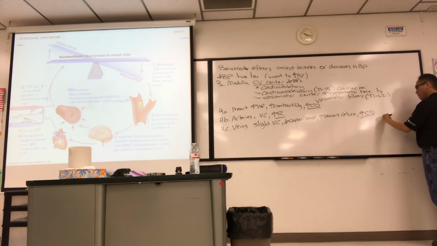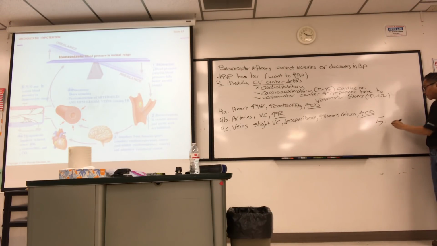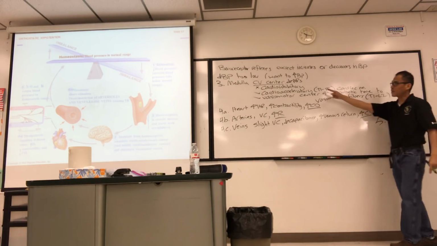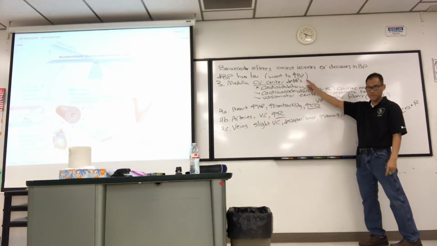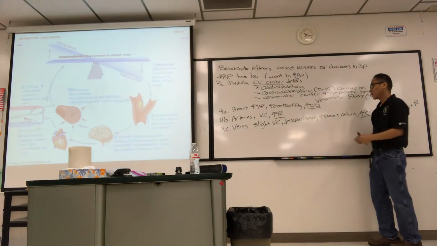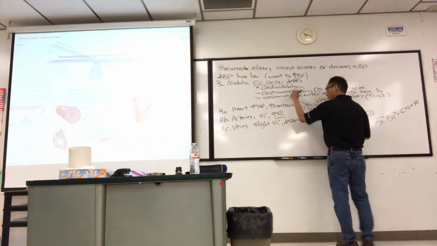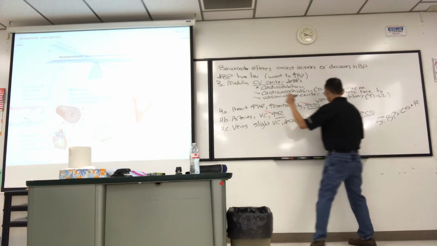And I'll just write number 5 out here since I'm standing here. Blood pressure equals cardiac output times peripheral resistance. So now what have we done? You do all this work, right? Again, it comes down to, did you do the right thing? You want to increase BP, so you ask yourself, did I do that? Yeah, I did that.